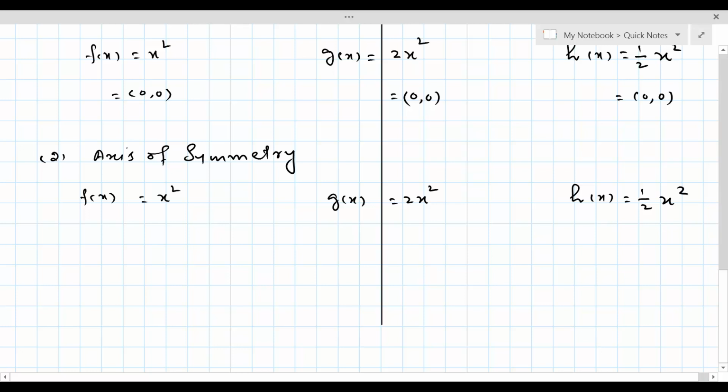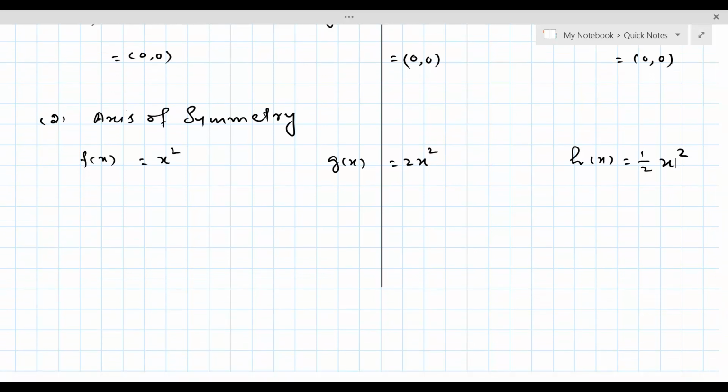Either way, whenever we want to find the axis of symmetry, we always take the square term equal to 0, and that will give us the axis of symmetry.